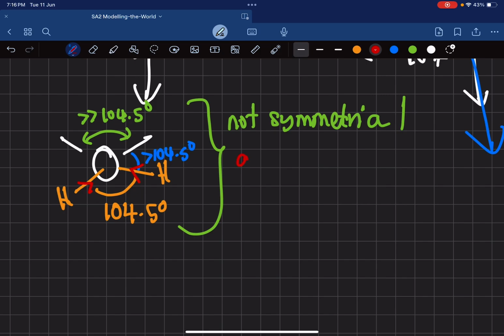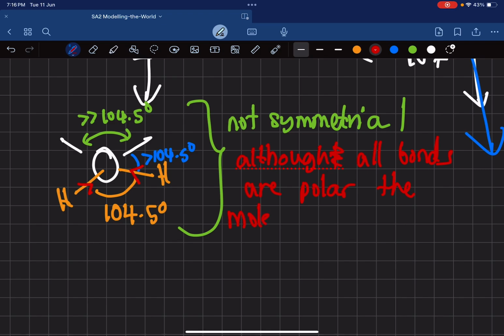So although all bonds are polar, the molecule becomes polar, not non-polar, since there is no symmetry.